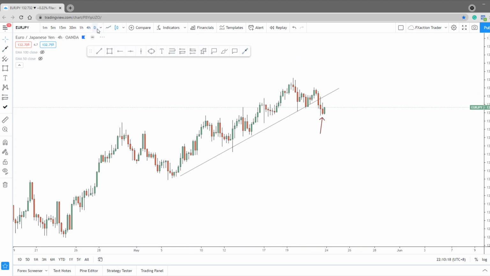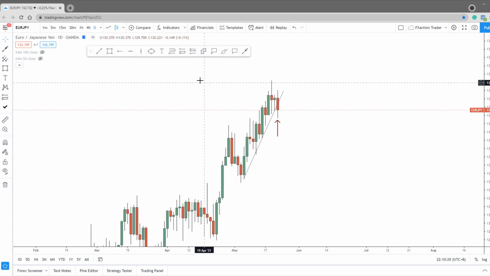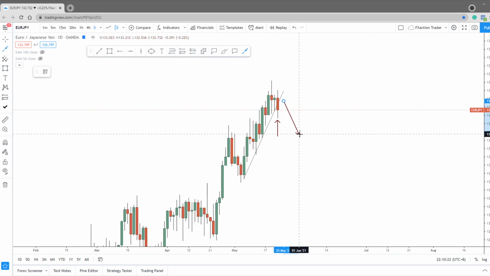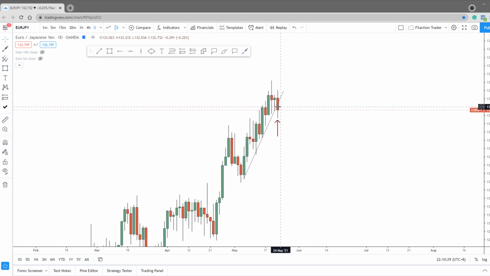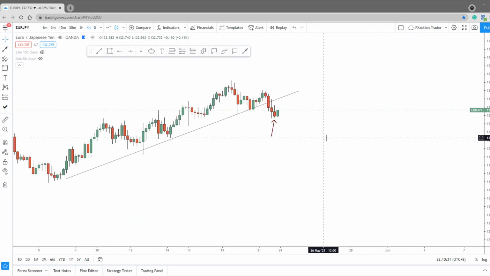So I expect that market could be doing a strong pullback before the next upward movement. So we can trade on this pullback as in our intraday trading, or we can trade on this short-term pullback as short-term trend trading.